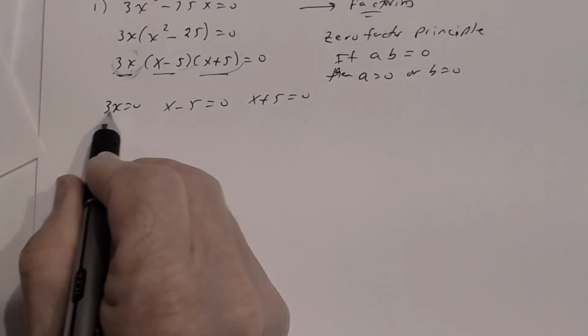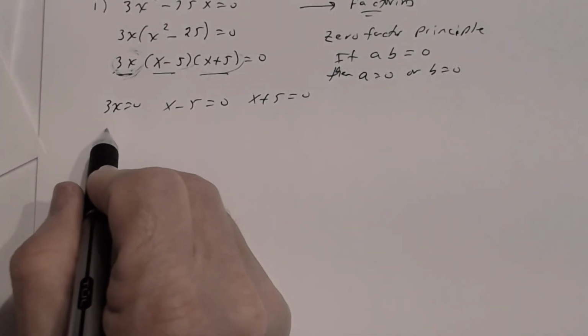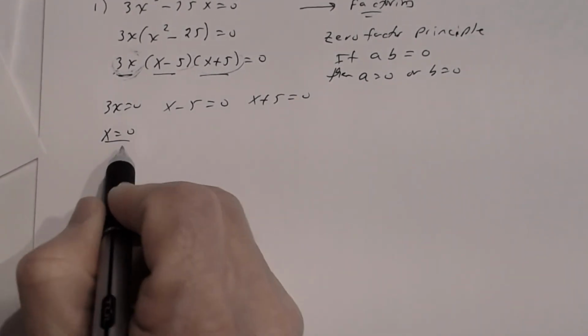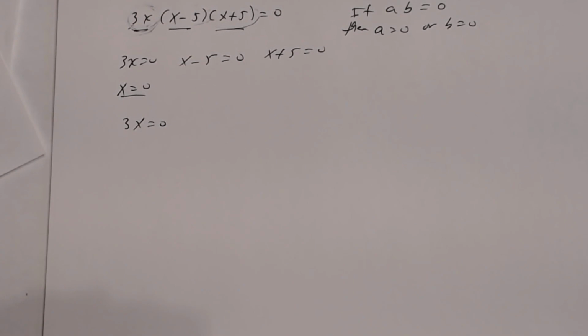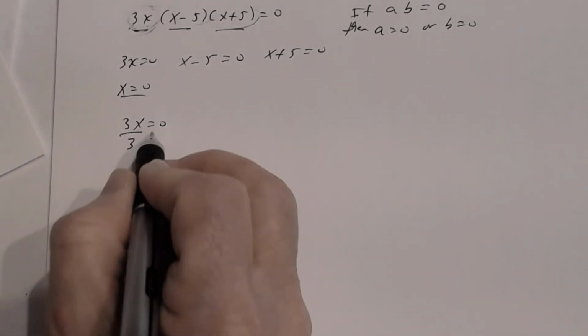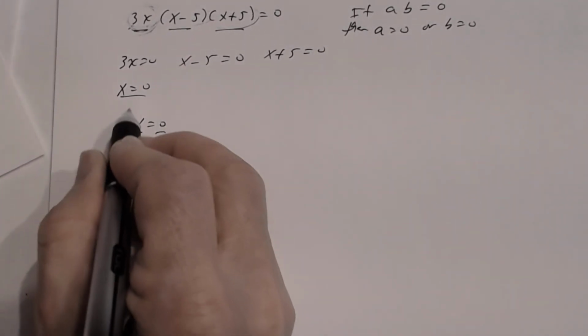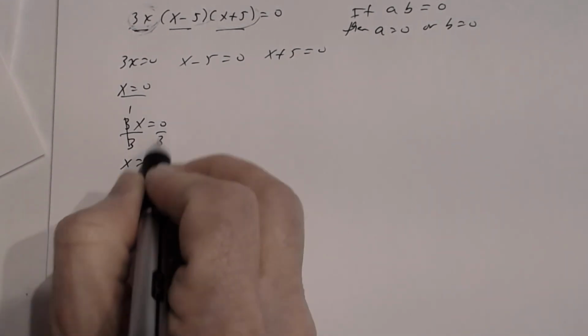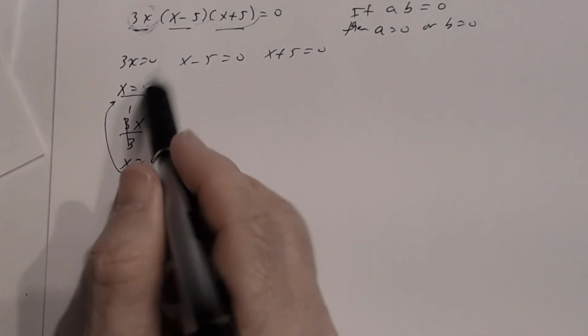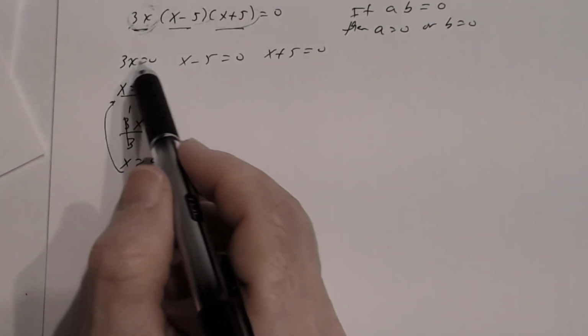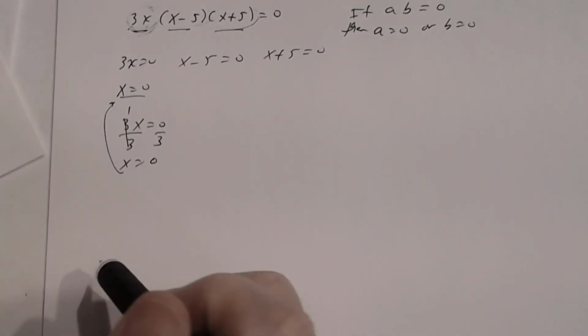If 3x equals 0, then x has to equal 0. Because if you have 3x equals 0, to get x by itself, you divide both sides by 3. 3 divided by 3 is 1, 1 times x is x, and 0 divided by 3 is 0. But many students know that if 3 times x equals 0, then x has to equal 0.